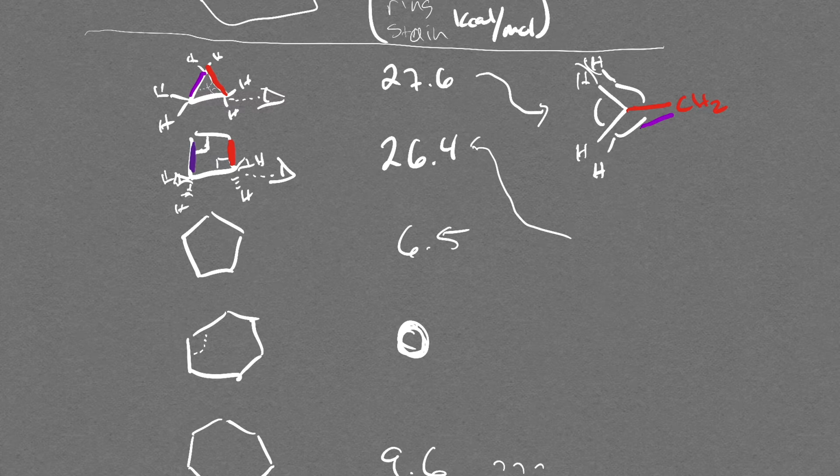Actually, why not use both eyes? We were given two eyeballs, so why don't we just look down both at the same time? What we see is, we'll call this the main eyeball of science, so we'll draw this one first. We have a hydrogen here, and then we have our red bond that goes over here, and then over there we have a hydrogen here and a hydrogen here.